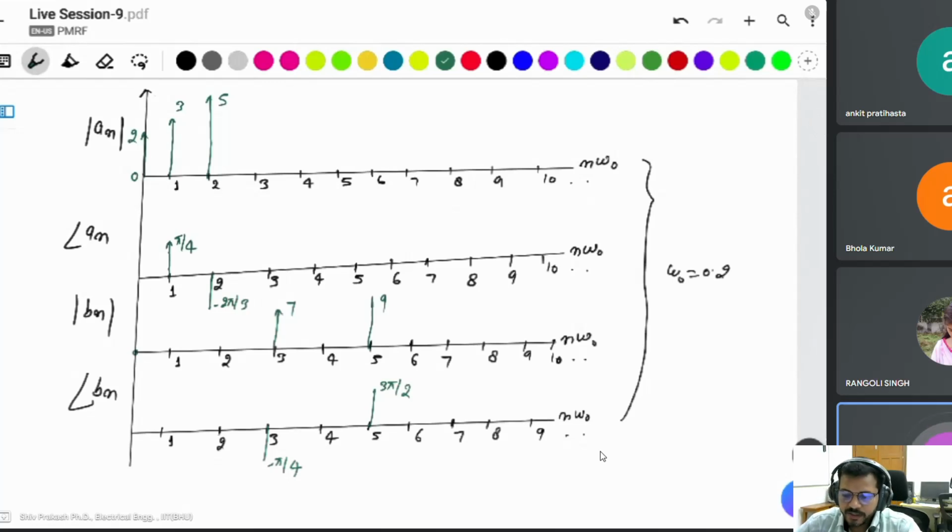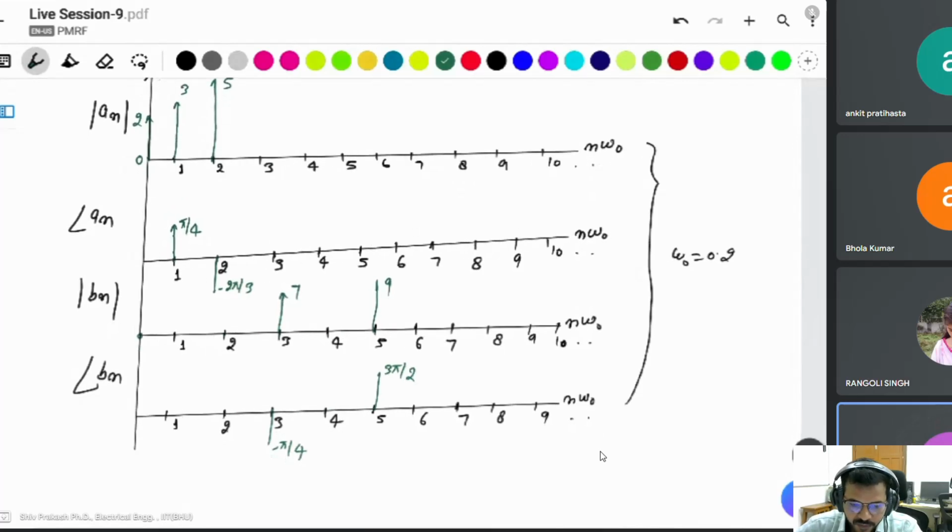This is the representation of the trigonometric Fourier series. It requires four plots: two for the magnitude and two for angle versus frequency. The first is for the an representation, the second for bn.